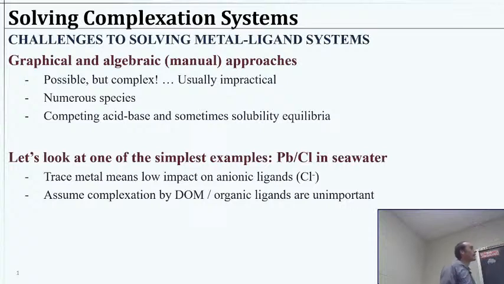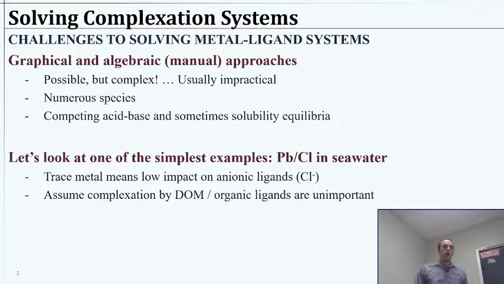So there are quite many species. All of the stuff we've learned so far can be applied. All the equilibrium principles we did with acid-base stuff could be used. So we could do algebraic, or we could do a graphical approach. But typically it's just not practical because the systems are too complicated.